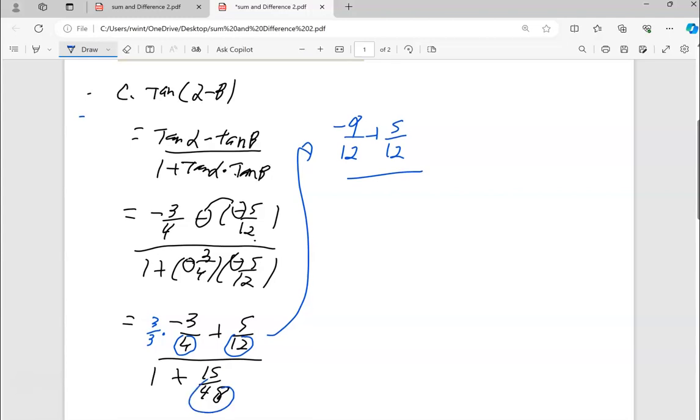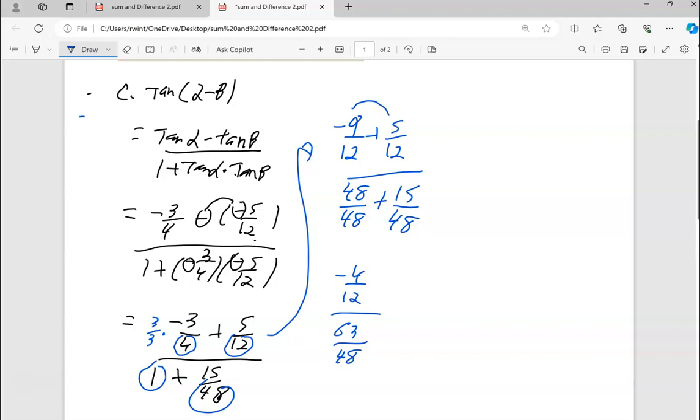And this has a denominator of 48, so how can I write 1 so it has a denominator of 48? 48 over 48 plus 15 over 48. So let's see what that does for me. So I'm going to combine these. That's negative 4 over 12 divided by 63 over 48.